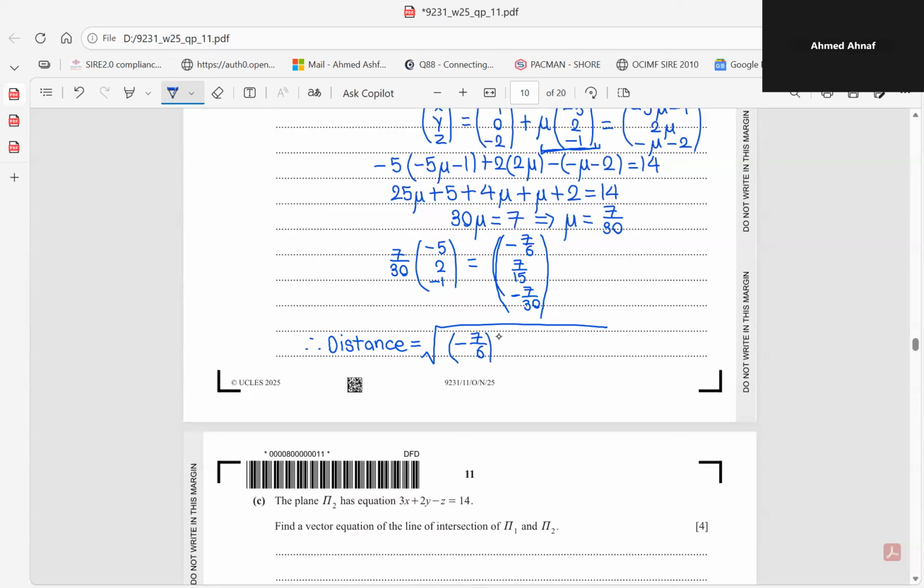Negative 7 over 6 squared plus 7 over 15 squared plus negative 7 over 30 squared.